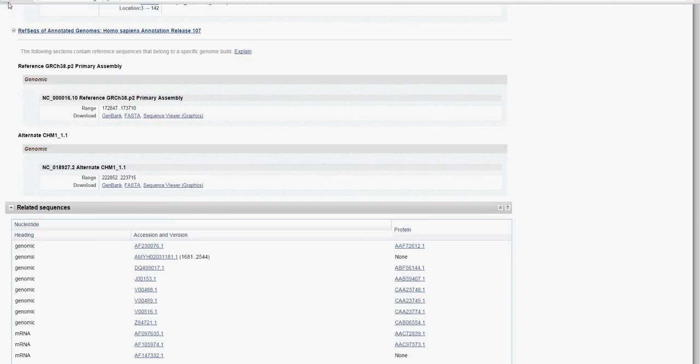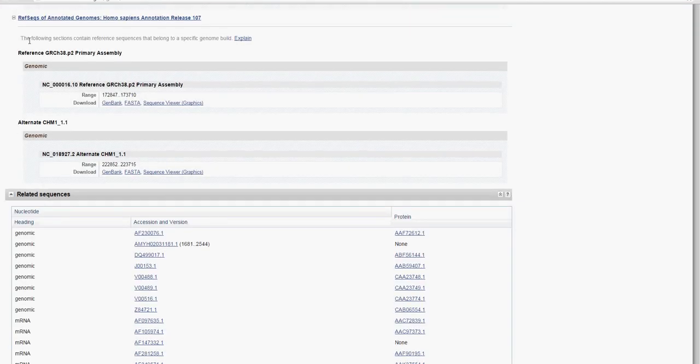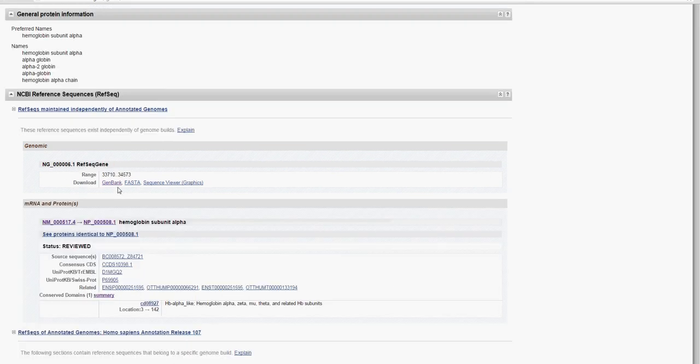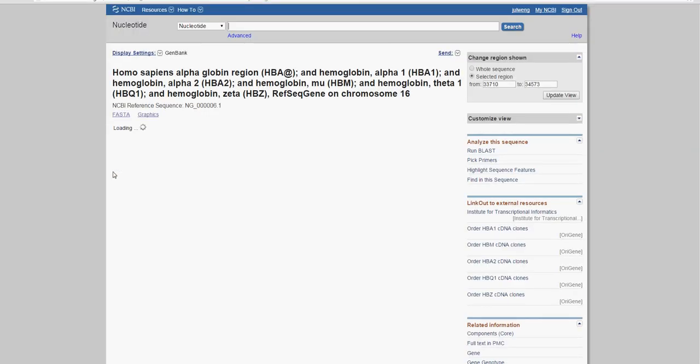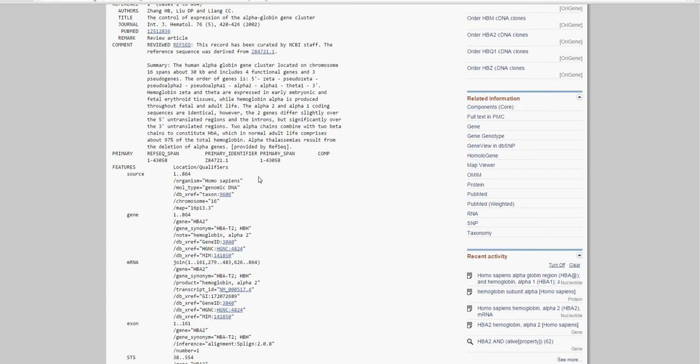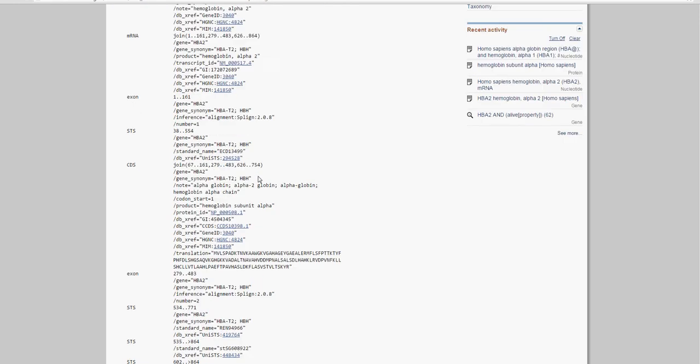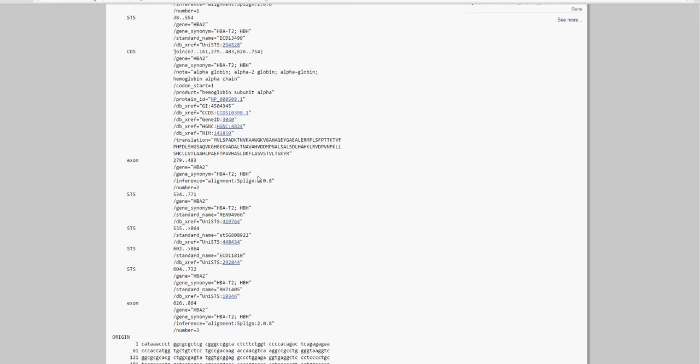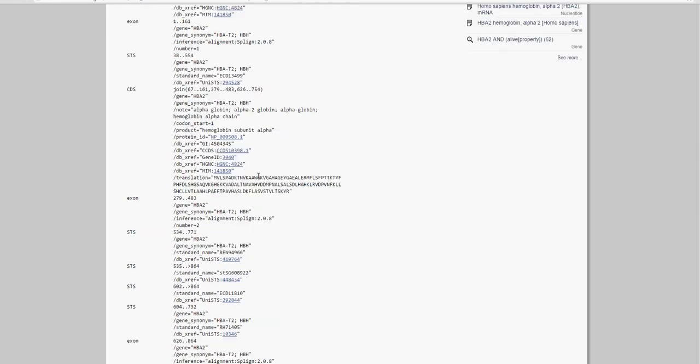Okay, if there's an extra question asking you where the untranslated region is, if you want to find the untranslated region, you have to go back to the genomic GenBank link. And you would scroll down to the coding sequence here.